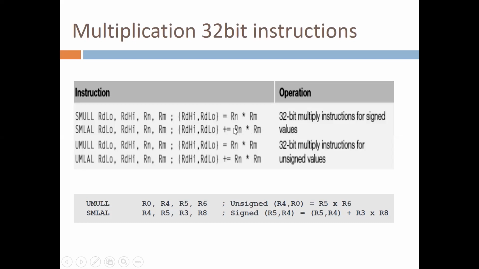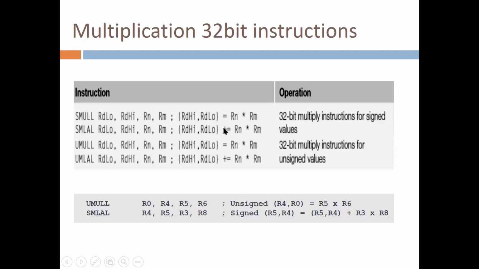It multiplies two 32-bit registers Rn and Rm, and you get a 64-bit result out of this multiplication. That 64-bit answer will be added with the content of RdLo and RdHi, and after summation, whatever result you get will be stored in RdLo and RdHi.